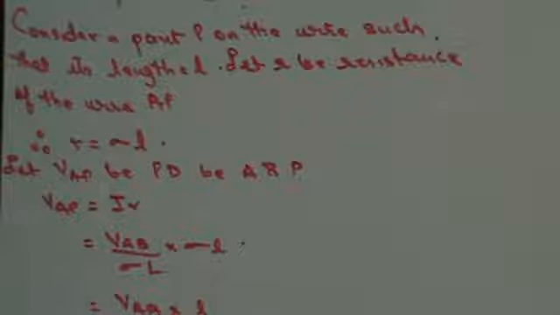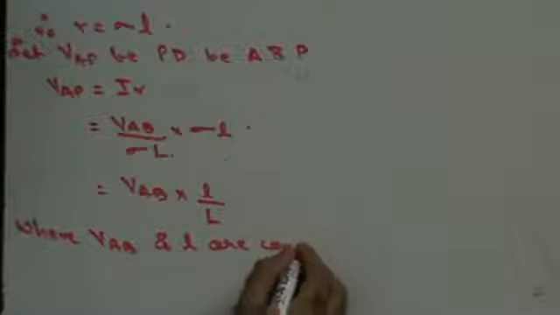Now I can say that VAB and L are constants. Hence I can say that VAP is directly proportional to l.